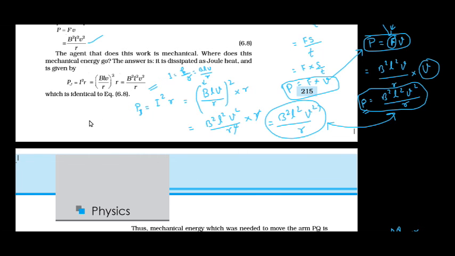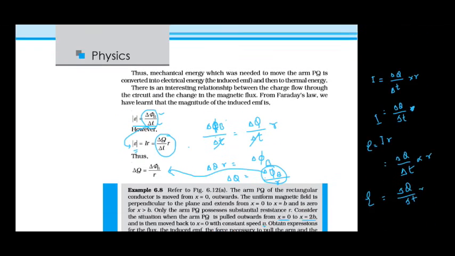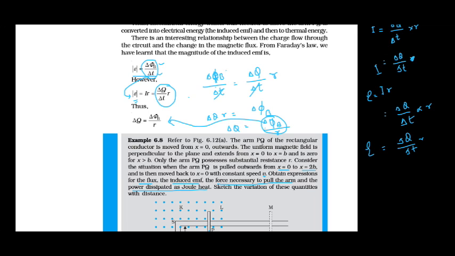in one way, and also power in terms of work done, and power in terms of Joule heating. In both the cases we found the power equation is the same, which proves the law of conservation of energy. After that we also found the relation between the charge, resistance, and change in magnetic flux.